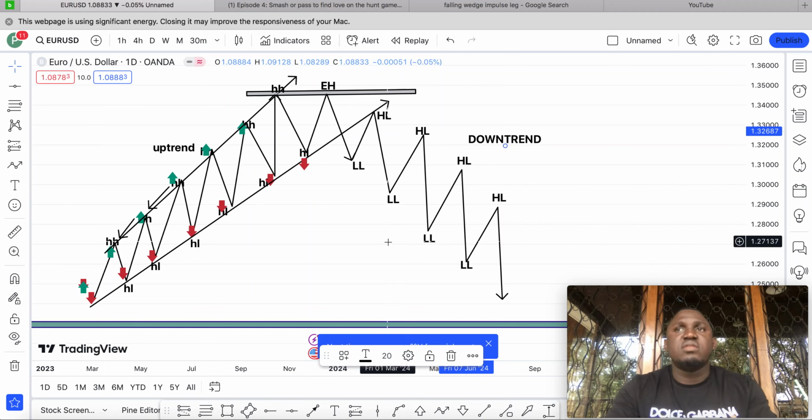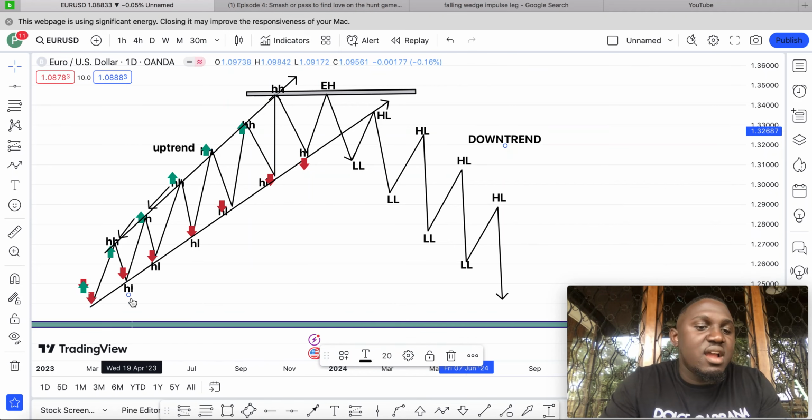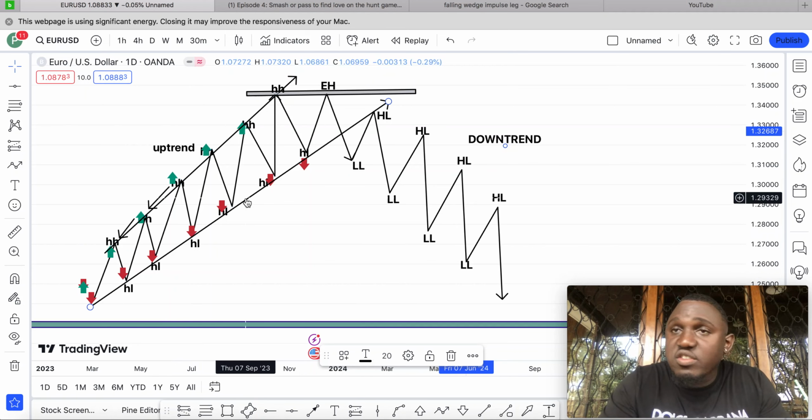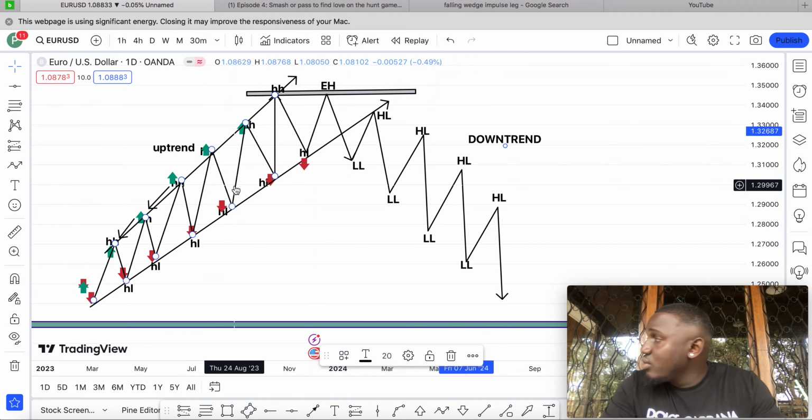So what happens here? If you were to use forex terms, how do we say it? Price was trending upward, making higher highs and higher lows, respecting the support trend line and the resistance trend line.